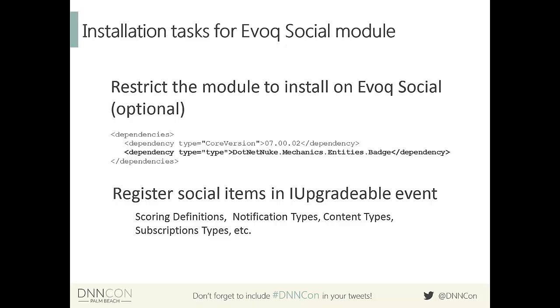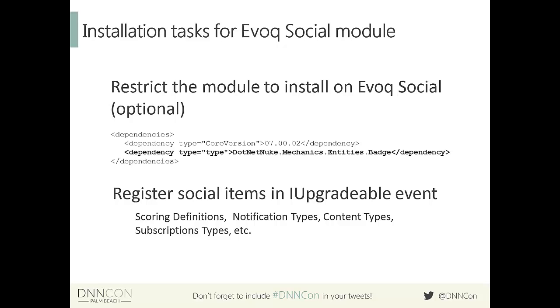But another lesser known check you can do in the manifest and the installation is a type dependency check. What this is doing is checking to see if a type is in the current installation of DNN. So what I do here is I pick a namespace and a random type. In this case, I'm using the .NET Nuke Mechanics entities badge.